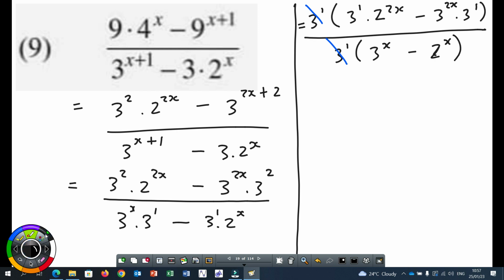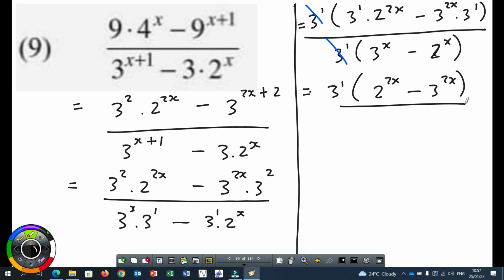Then, if I go further now, you see that I'll be left with another common factor, which will be 3 to the power of 1. So I'll end up having 2 to the power of 2x minus 3 to the power of 2x, all over. Now, since in my numerator I've got a binomial term which starts with 2 to the power of 2x, and there I've got 3 to the power of 2x, I can swap these 2.